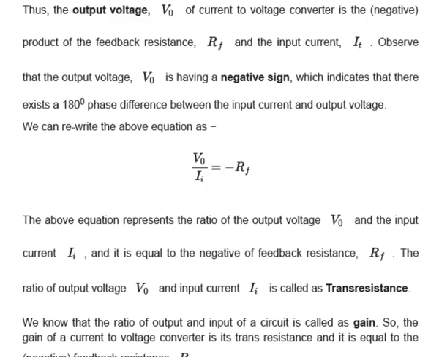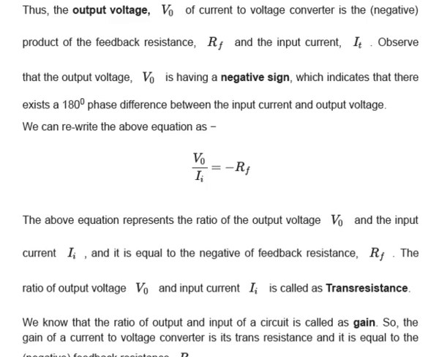So we can write V0 by Ii equals minus RF. This equation represents the ratio of output voltage V0 and the input current Ii, and it is equal to the negative of the feedback resistance RF.